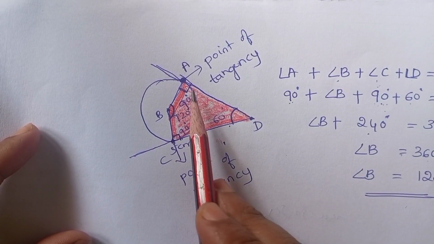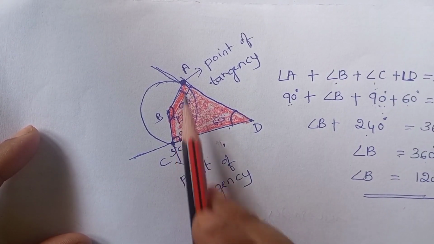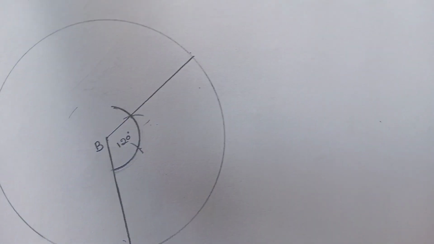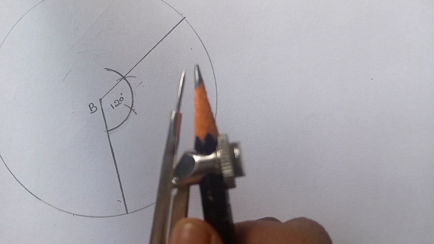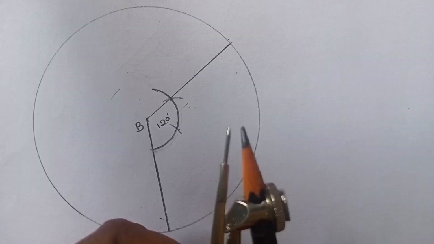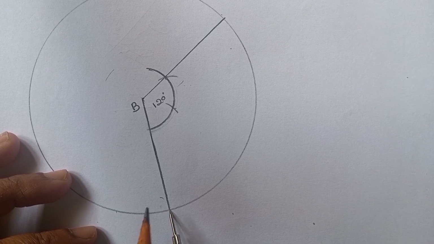Now we have to mark 90 degree and 90 degree at this point, right? Now to mark 90 degree, adjust your compass to any measurement of your wish. Keep the compass at this point and draw an arc.